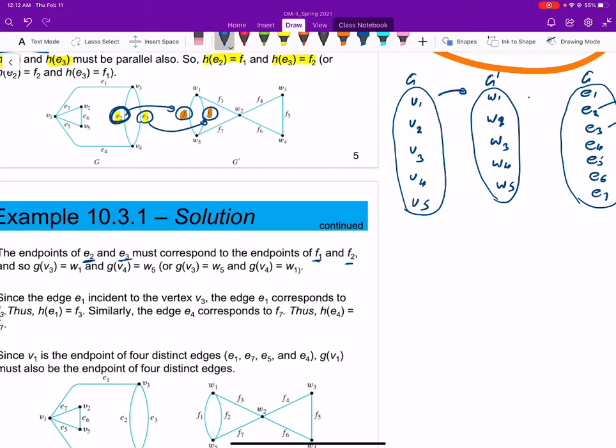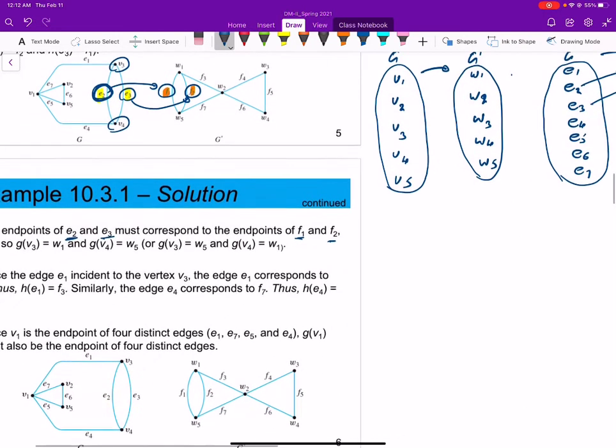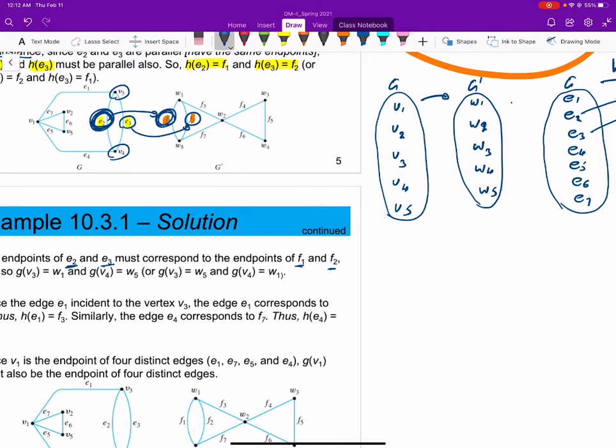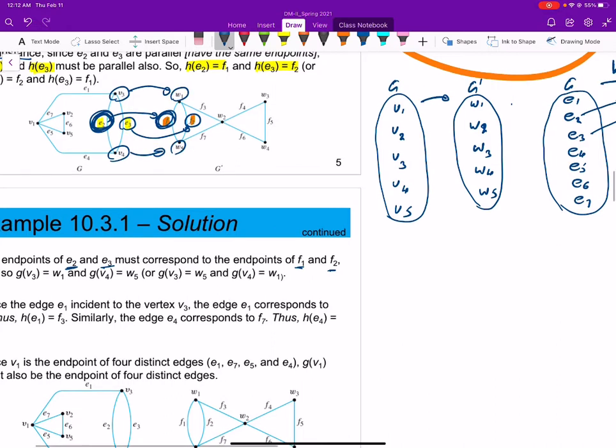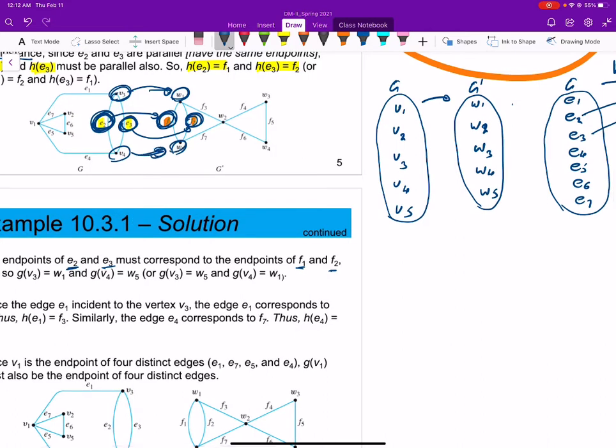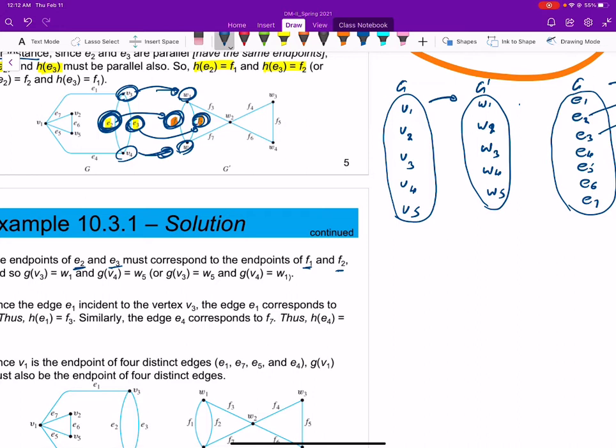Endpoints of E2 are V3, V4, and since this maps with that, the endpoints also map. At the same time, this edge maps with this one, so its endpoints should map too. It's the same argument: if the edges match, then the endpoints of the edges should also match.